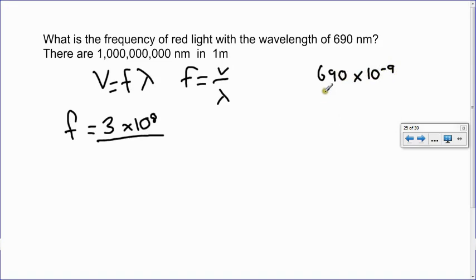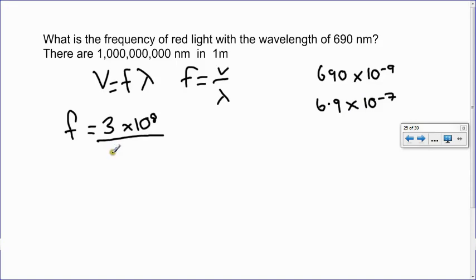We saw in one of the previous videos, and so to convert that, we can move the decimal point 2 places. So we've got 6.9. We've made that number smaller, so we need to make the number larger here by 2 powers of 10. So there you go, that's the number we're going to use in our equation. Of course, that's meters now.